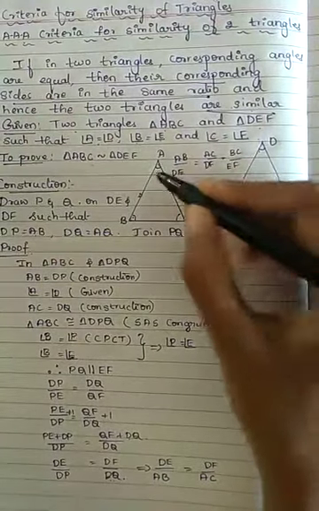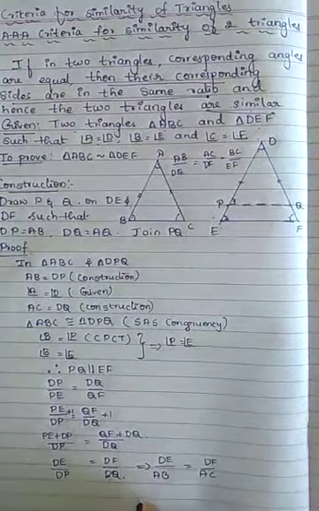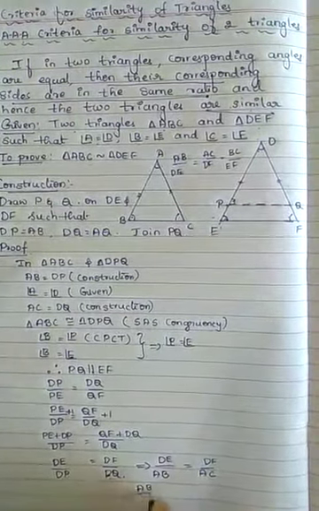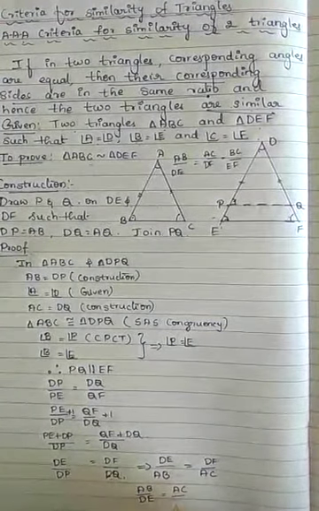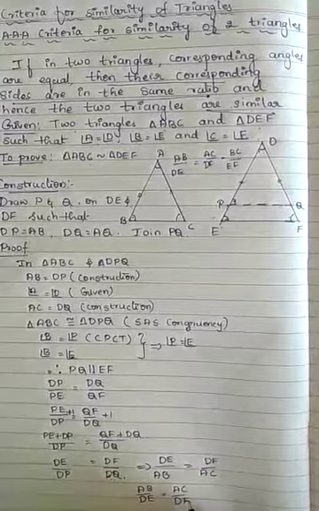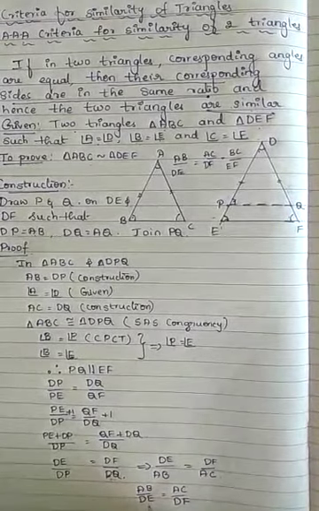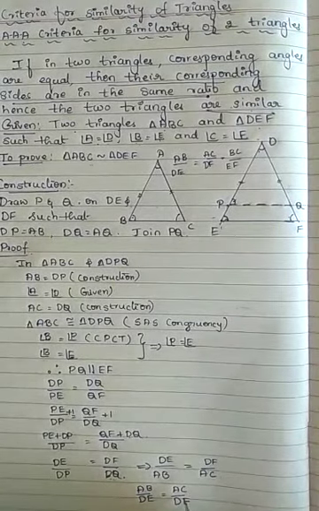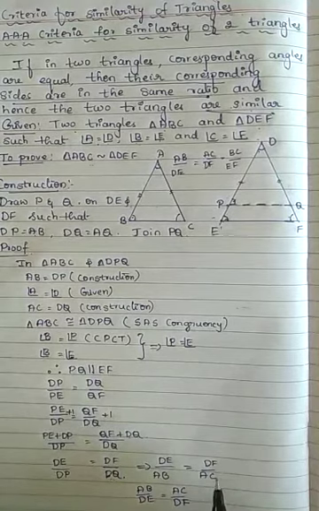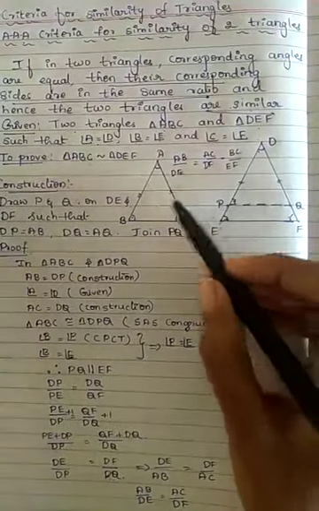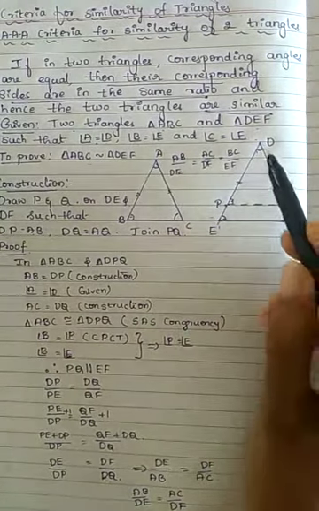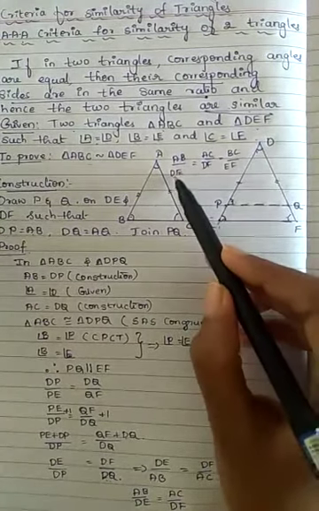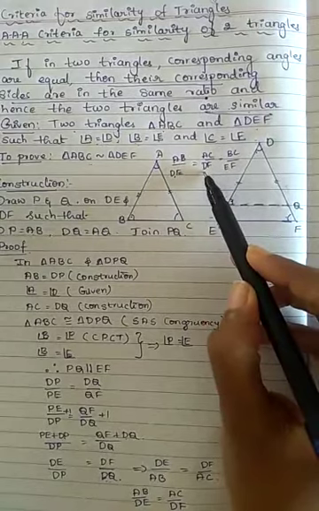I can also write this by taking the reciprocal: AB by DE is equal to AC by DF. That we proved here.